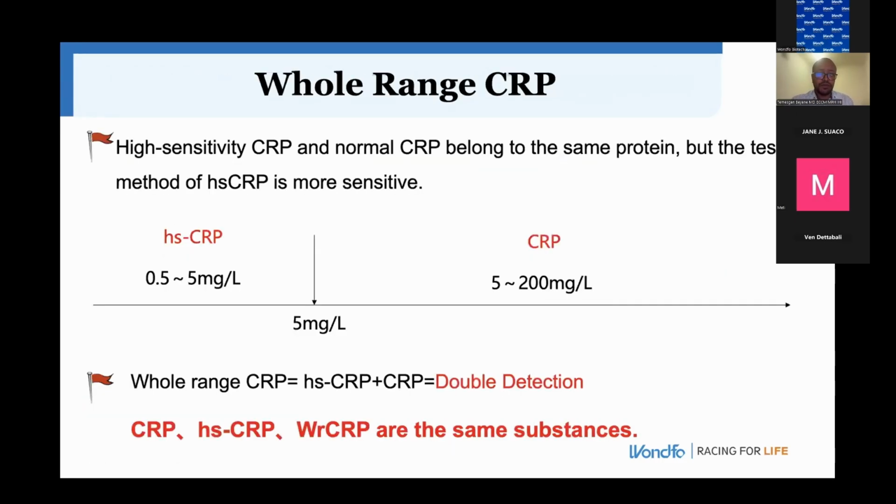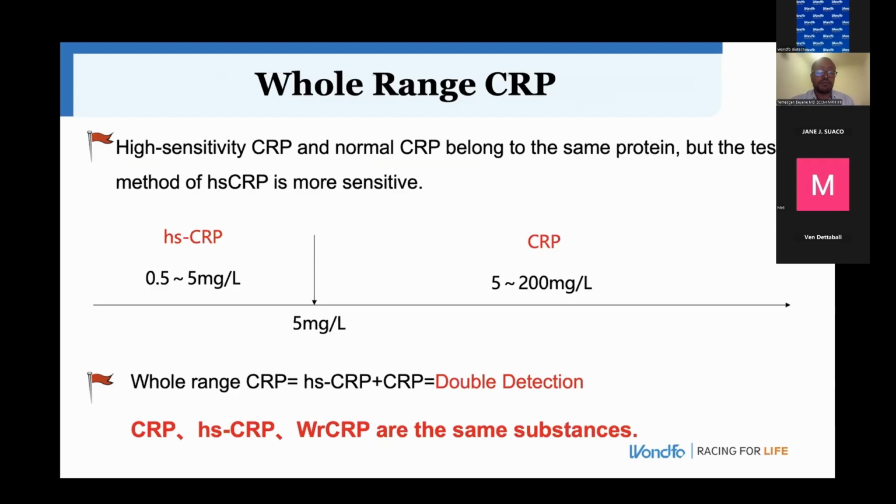There is also this issue of measuring whole range CRP versus its high sensitivity form. During high sensitivity CRP measurement, the machines are calibrated in a way to measure the fragments, which are quite sensitive and effective in picking up the abnormality, especially for cardiovascular risk stratification strategies.